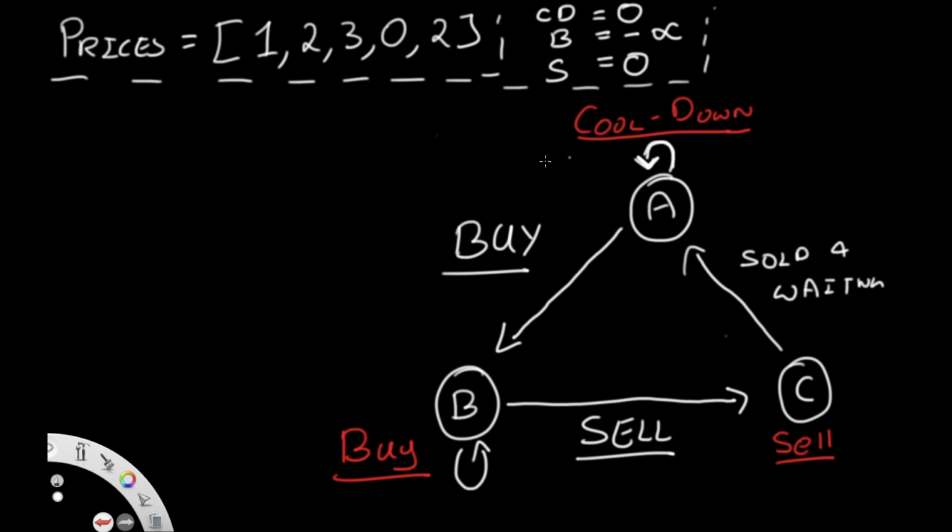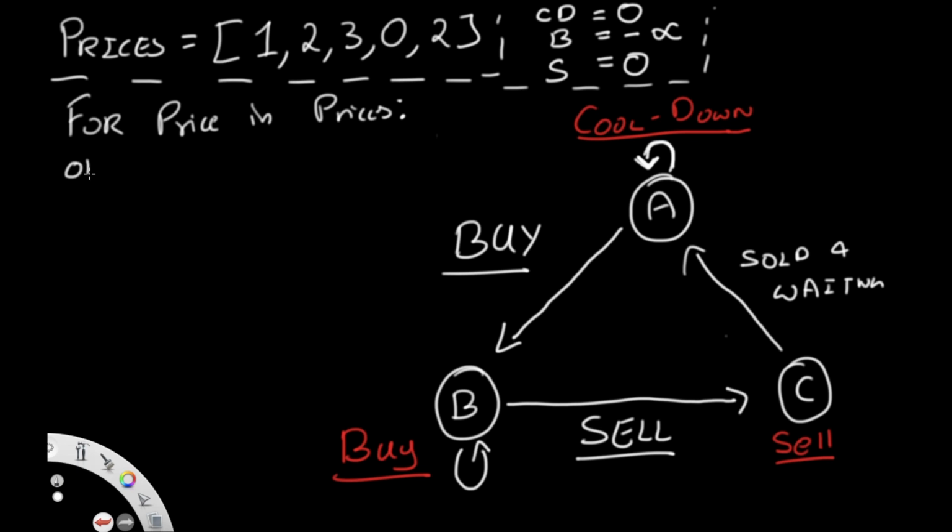Now we're going to enter a for loop which iterates through each price in prices. In the beginning, we're going to initialize something called old cooldown, old buy, and old sell. This stores the values from one day previous to day i, so we're looking at day i minus 1.